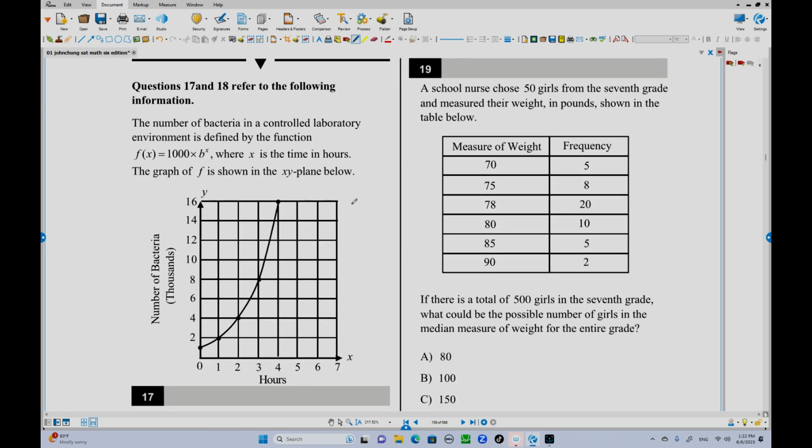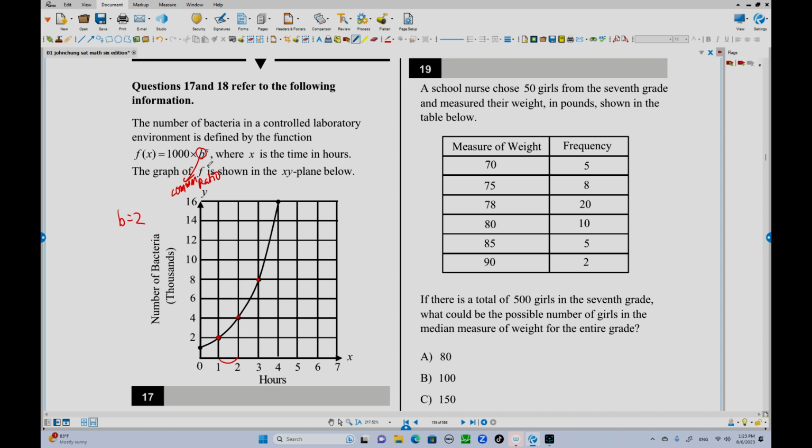Here we go. We have the exponential function f of x equals 1000 times b to the x. What is this b called? The geometric common ratio, from a geometric sequence. If you know this, you can find the b value from the graph. This is 4, this is 2, the difference is 1. 2 times 2 is 4, 4 times 2 is 8. So b equals 2.